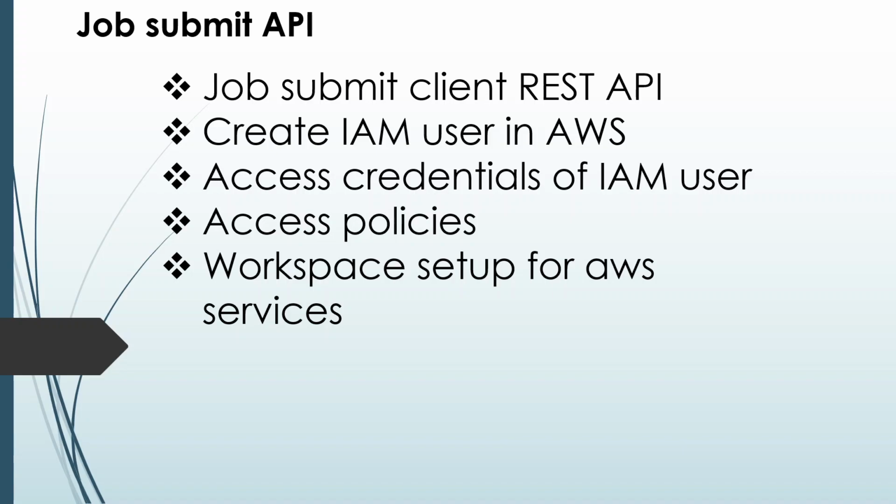So we'll see how to set up the workspace for that. And then we will create an SQS from our job submit API when the job is submitted from the UI layer. So this is the agenda for today's session. So without any further delay, let's start creating the REST API for the job submission process.